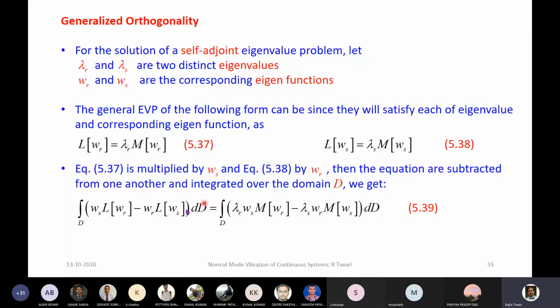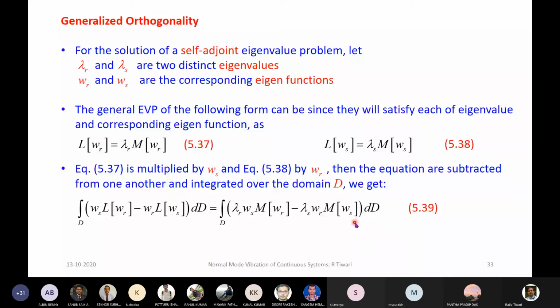So this is the integration of the left side. Right side also, we have: here lambda R, WS, MWR minus, then we multiply by this WR like this, because we subtracted. So these two equations became one.